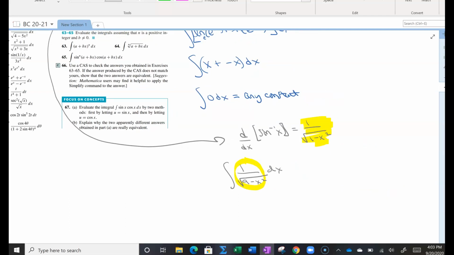I'm going to factor a 9 out of 9 minus x squared, and I'll get 1 minus, if I factor a 9 out of x squared, x squared over 9. Okay, these are tricky.